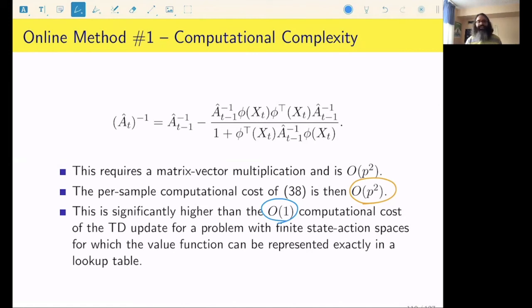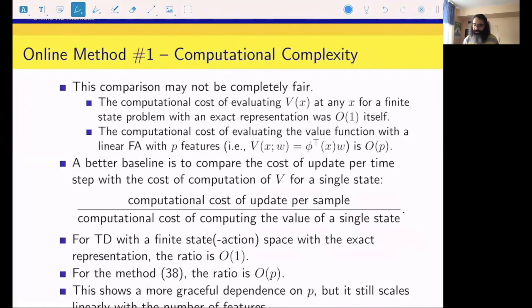But maybe this is not exactly a fair comparison, because the computational cost of the value function itself for a finite state problem is very different from when we use linear function approximation. With linear function approximation, just computing the value function is order p, since there are P features. Whereas in the case of table lookup, it would be order 1.